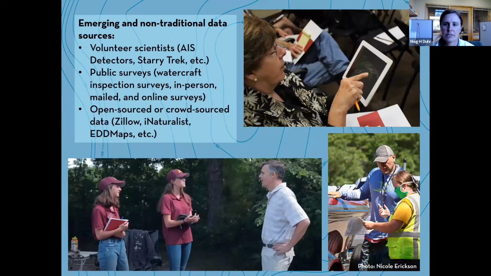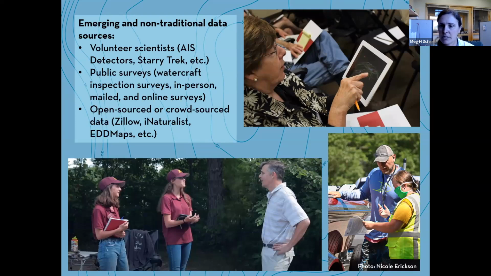And then we also have these non-traditional, in a sense, and more expansive data sources. Stuff like the citizen science programs that we know and love, STAR, TRACK, AIS Detectors. We're also doing a lot more work with surveys. We're integrating the watercraft inspection surveys that happen on hundreds of public accesses every summer.